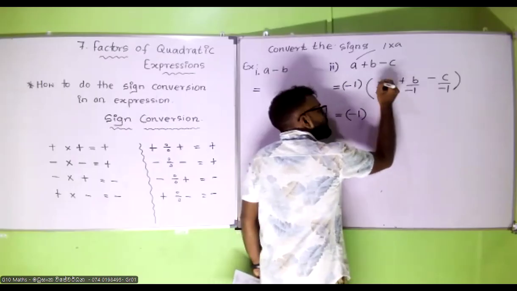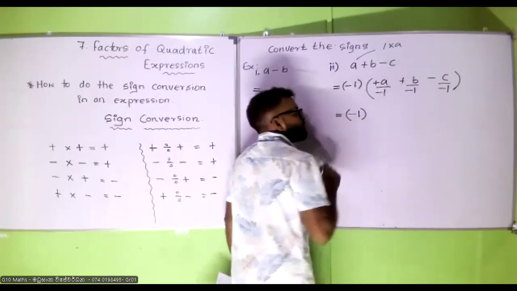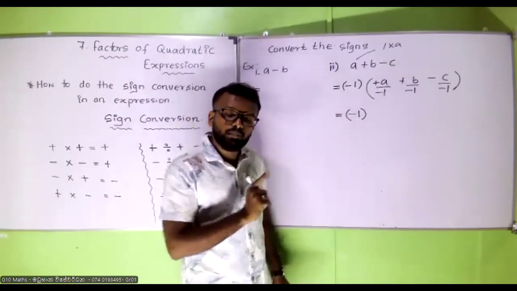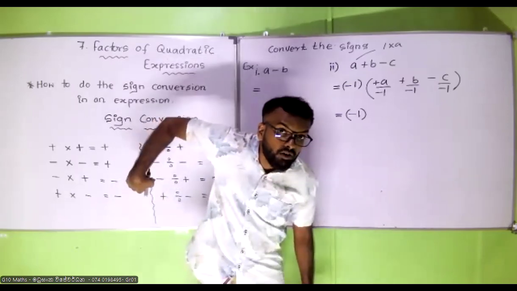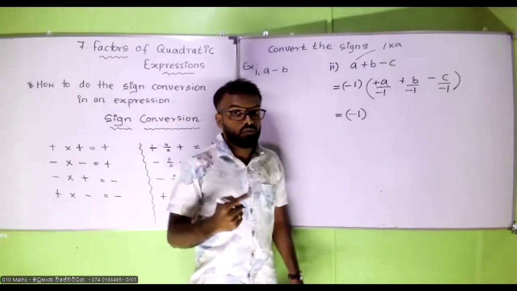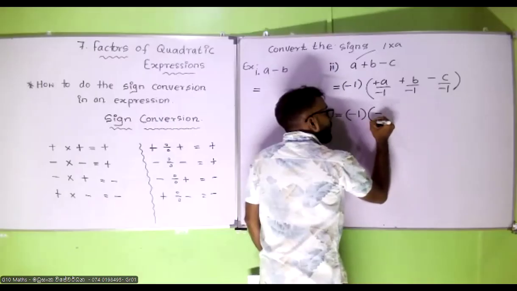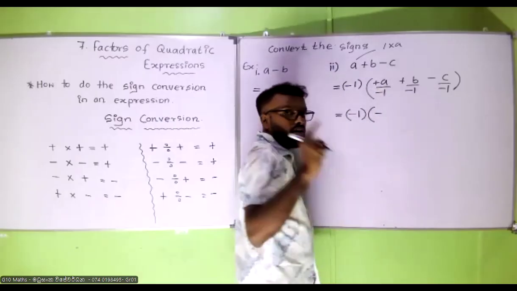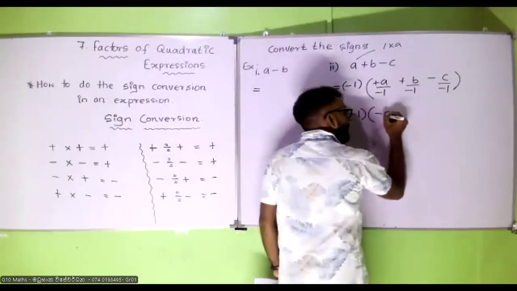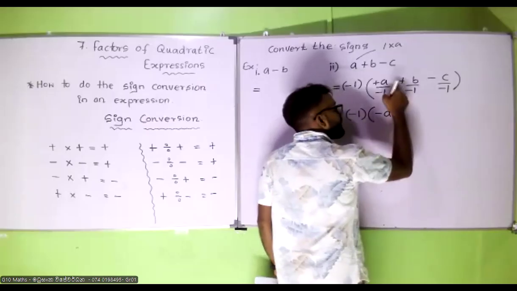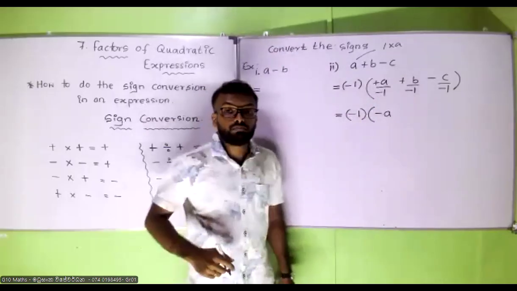Now this is positive A. Positive divided by negative, the sign is negative. A divided by 1 is A.